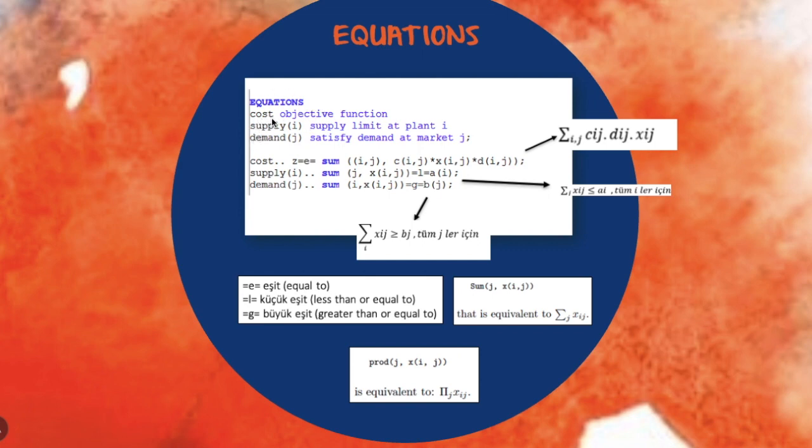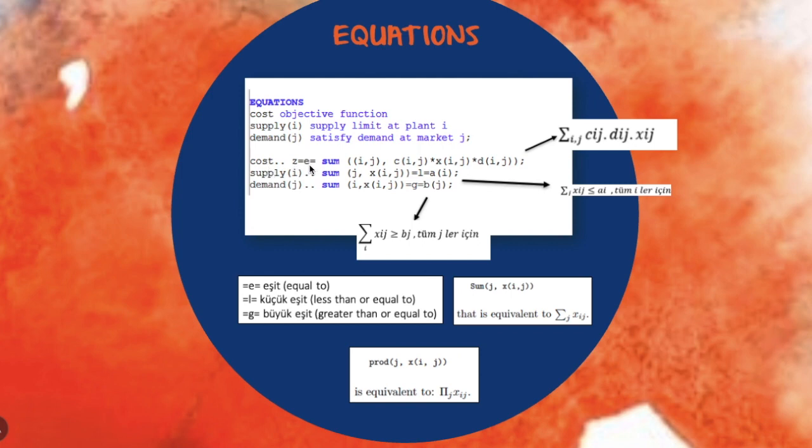First one is cost, the name of the equation, and here its explanation, meaning objective function, supply with an index, demand with another index, and a semicolon at the end. This is the declaration, and we will give them the values after that. Here is cost, and this two dots means assigning the values or expressions to this equation.